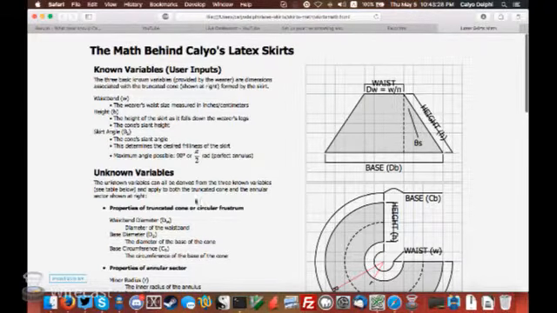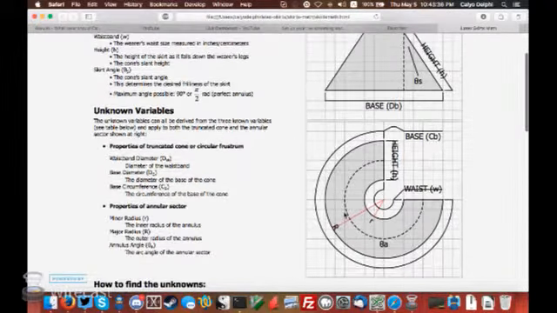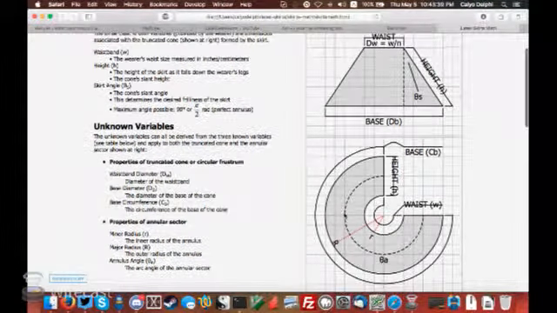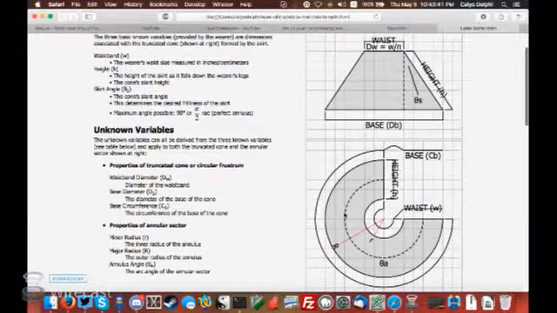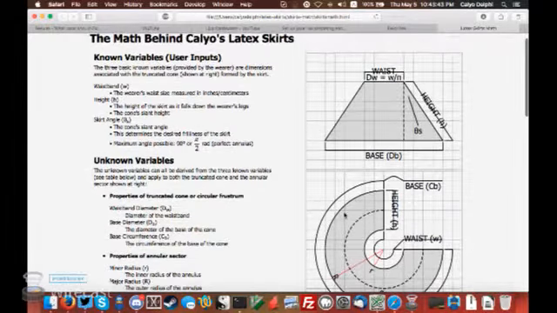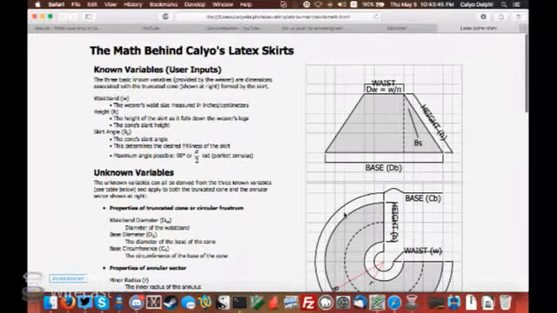Okay, so I had to make a pattern to be able to make latex skirts. And wow, my browser is really borking this SVG. But anyways, the pattern I had to make was to map the slanted surface of a truncated cone, also known as a circular frustrum.